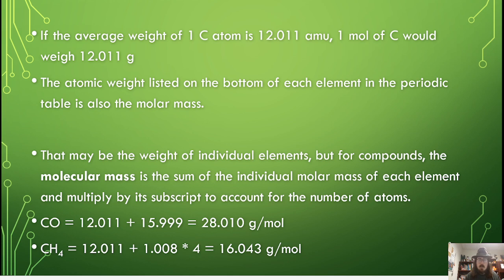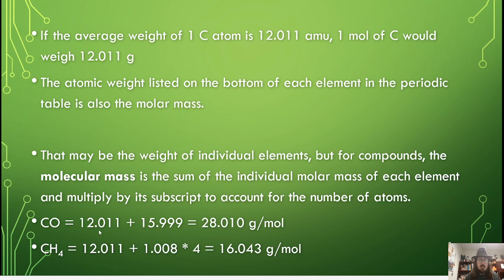Now, if we wanted to get the mass of a larger molecule, all we have to do is take the weight of each individual element and sum up each of the molar masses, taking into account their various subscripts. So, carbon monoxide has 1 carbon atom and 1 oxygen atom.